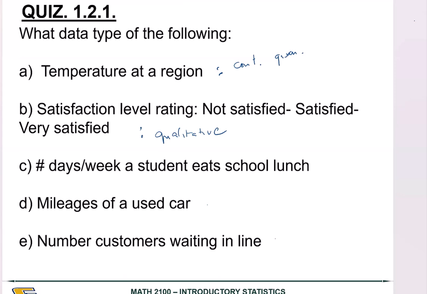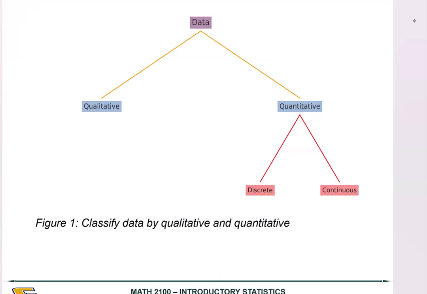Can you have something like 5.1 days? No, right? So if you can't have that, it will be discrete, quantitative. If it's quantitative, it has to be classified further: discrete or continuous.